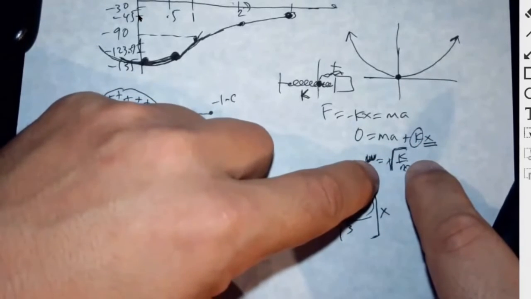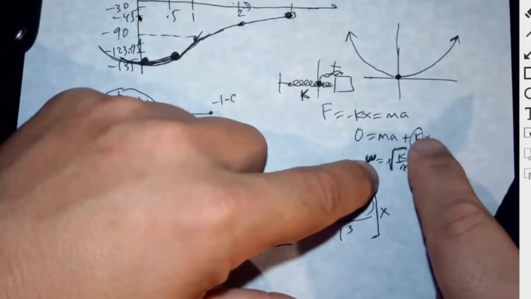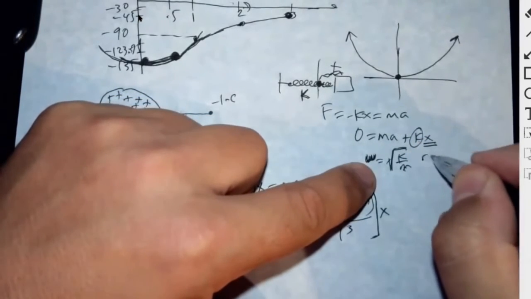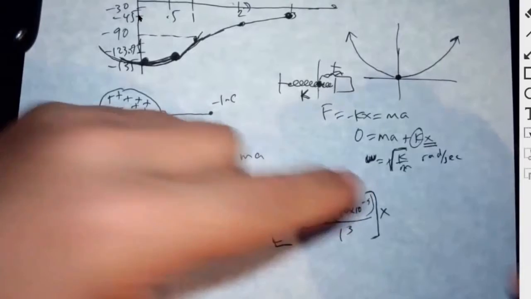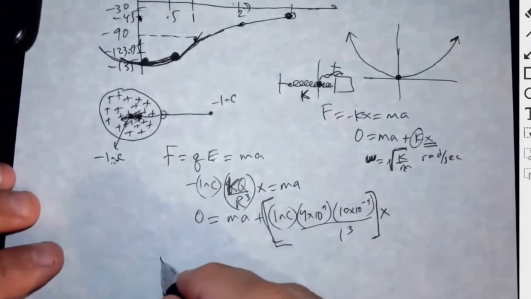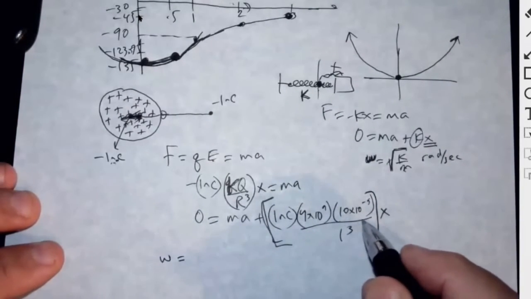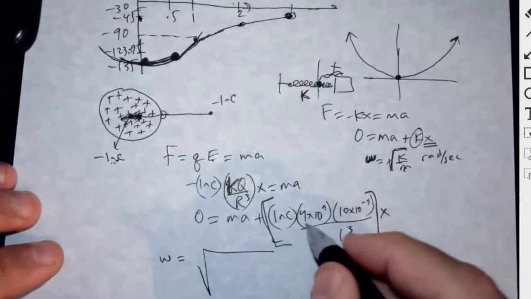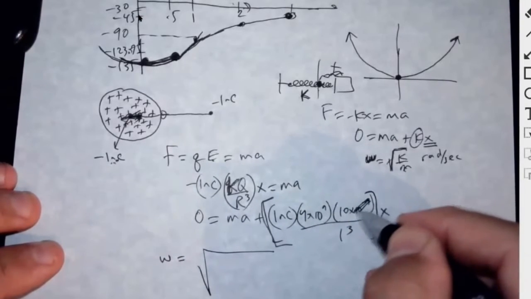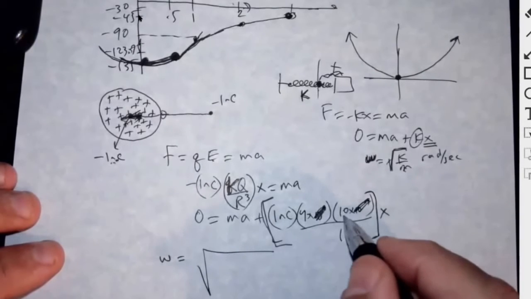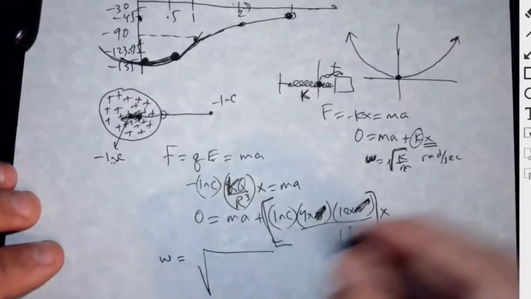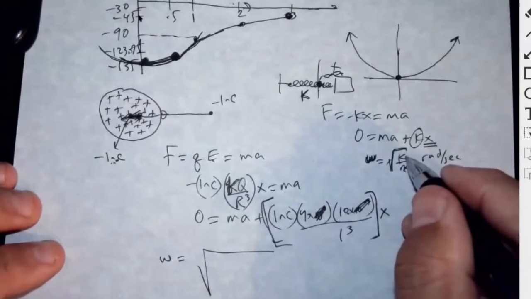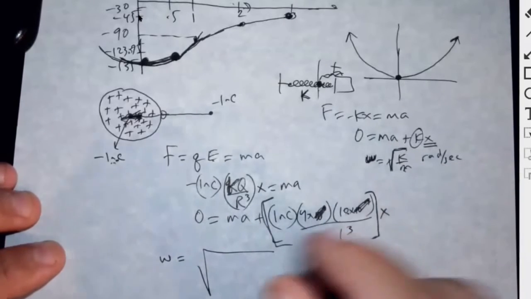So that is the omega in radians per second. So there you go. That's our omega, going to be the square root of this thing. So the 10 to the minus 9, 10 to the 9 cancel. That's 90 nanocoulombs. So that's my Hooke's constant, 90 nanocoulombs.